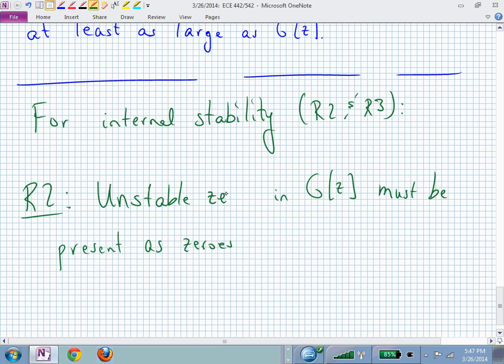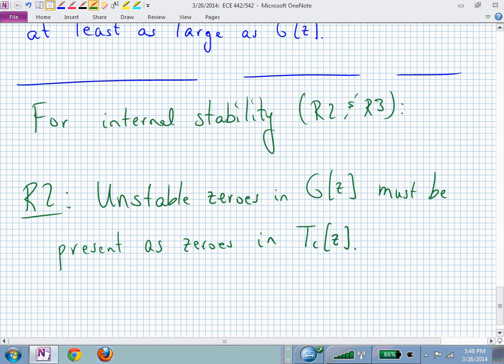Every time I spell zeros, if I type it Z-E-R-O-S, it underlines it in Word. So I'll include the E here for the plural of zeros.